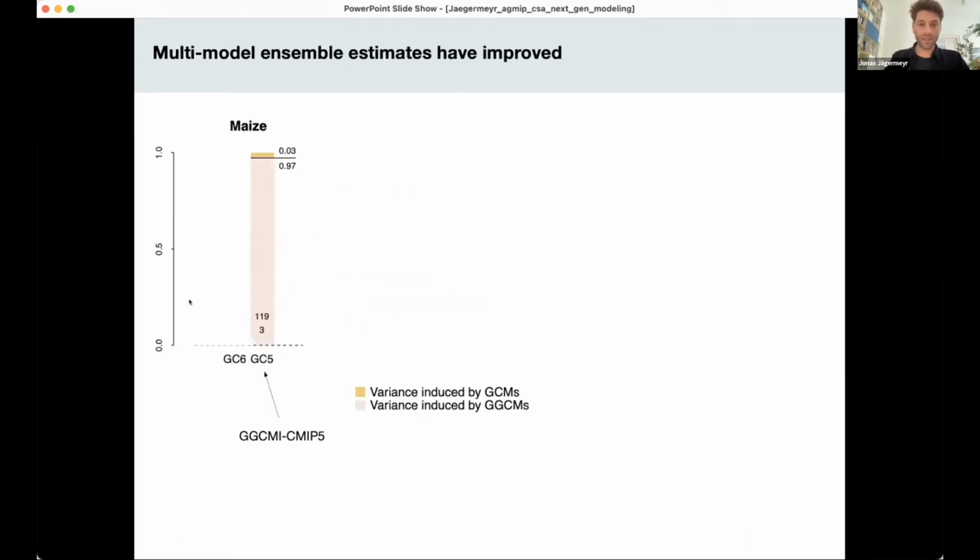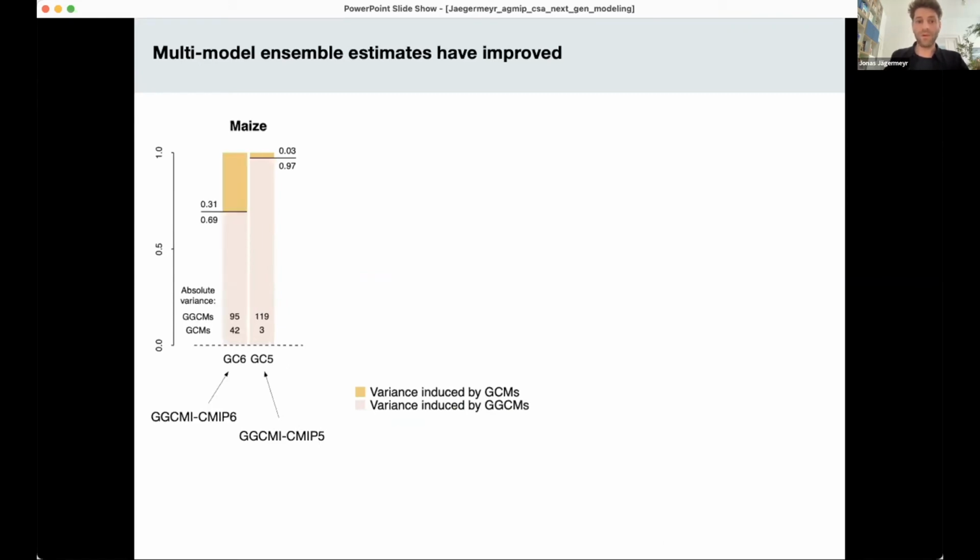Another way to look at this is the amount of induced variance. So for this stack, this is the CMIP5 based ensemble. Virtually all of the variance is induced by the crop model ensemble, 97%, and only 3% out of the climate models.